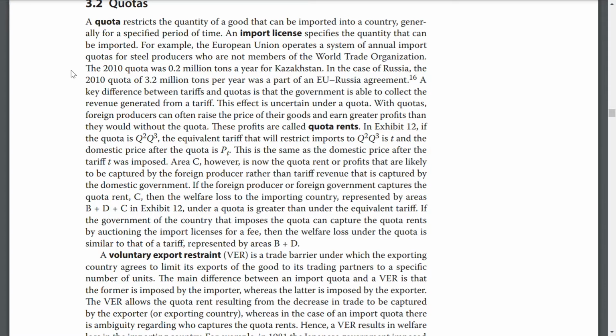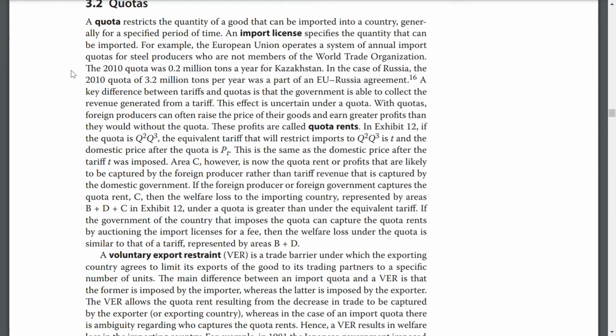In Exhibit 12, if the quota is Q2 to Q3, the equivalent tariff T will restrict imports from Q2 to Q3, and the domestic price after the quota, PT, is thus the same as the domestic price after the tariff T was imposed. Area C, however, is now the quota rent, or profit, that is likely to be captured by the foreign producers rather than tariff revenue captured by the domestic government.